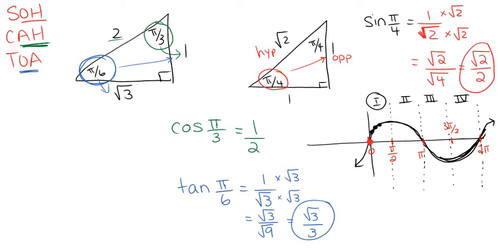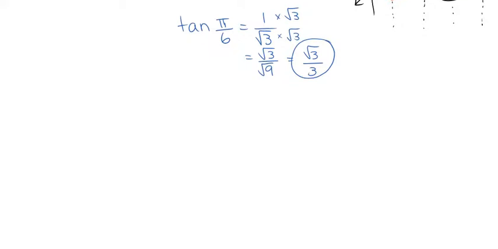If you notice, they're going to repeat their values again over here in quadrant 2. And then in quadrant 3, they're going to repeat themselves, but they'll be negative. And then they're going to repeat themselves again. So using this knowledge, we can extend our special triangles to the other quadrants in a graph, for angles greater than 90 degrees.